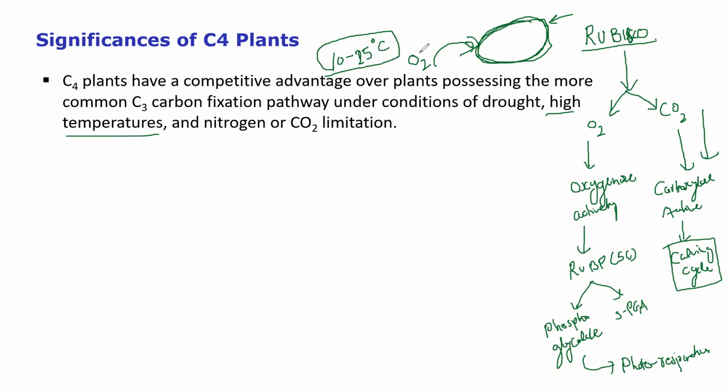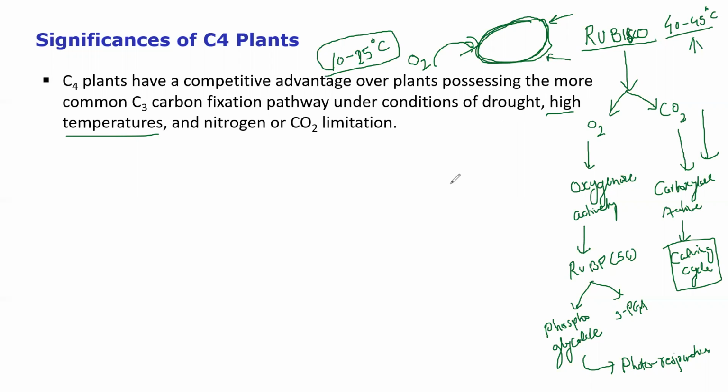That is for C3 plants. That means beyond 25 degrees Celsius, C3 plants would start reducing their productivity. But in case of C4 plants, they can survive very easily up to 40 to 45 degrees Celsius. Right? And that is due only to the Kranz anatomy or bundle sheath.